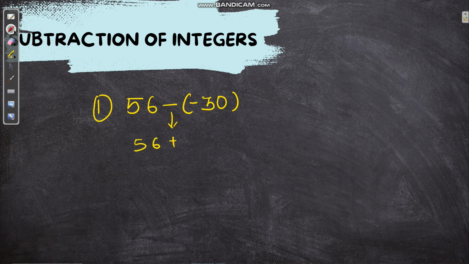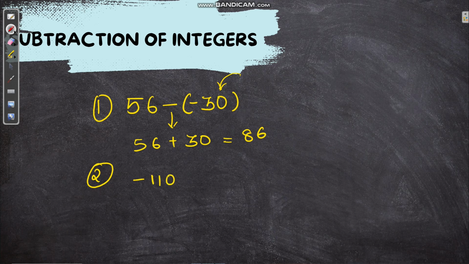But the rule is, if you want to convert minus into plus, you need to take the additive inverse of the second integer, that is minus 30. So the additive inverse of minus 30 is nothing but plus 30. So now it is very simple, it is 56 plus 30. So it is 86.